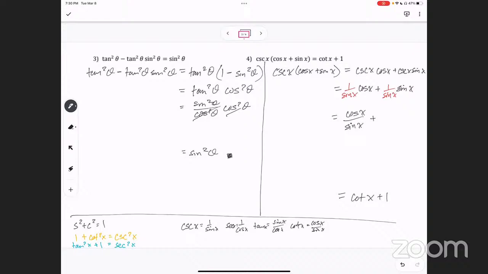You're going to get 1 over sine times cosine x. Because that canceled, like you said, that leaves a 1, and this is just cosine over sine. Hey, what's cosine over sine? Cotangent. Hey, I'm done.